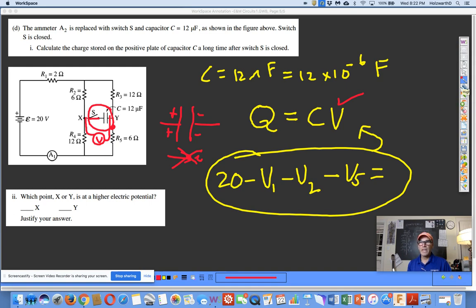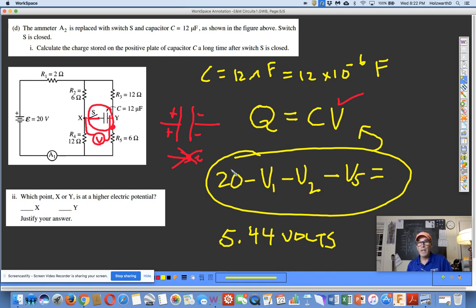All right, enough said. Going back to my yellow pen, 20 minus all that stuff is going to give me a whopping 5.44 volts. So that's the potential across the capacitor.